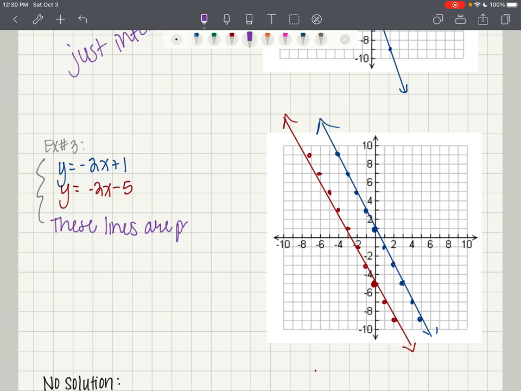And what makes them parallel is they have the same slope. Therefore, they never intersect. And if they never intersect, that means I'm not going to have a point that they share. Therefore, there's no solution.